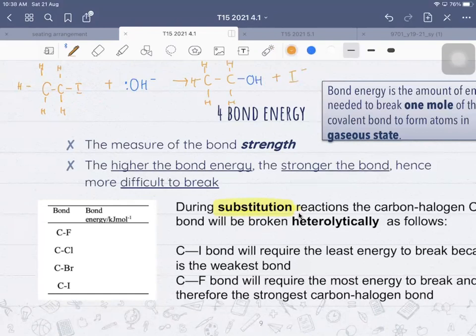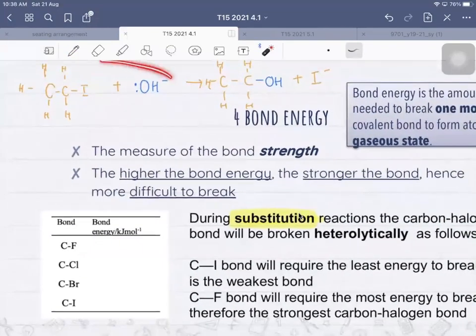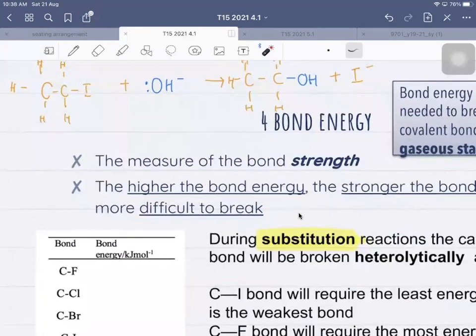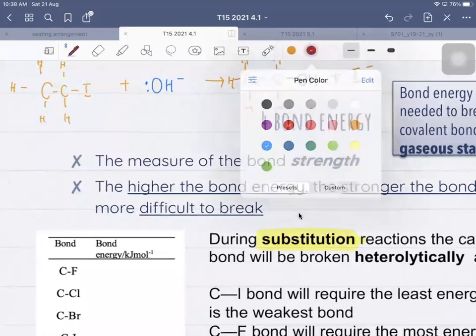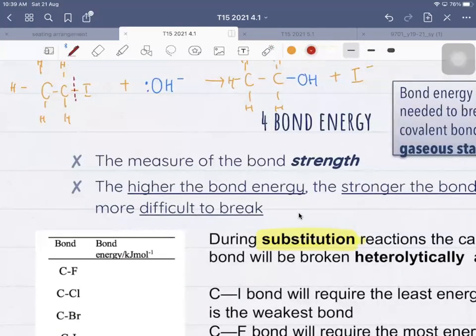What I want to focus on is that in order for hydroxide to kick iodine out, this carbon-iodine bond needs to be broken first and foremost. How fast or how reactive this reaction is depends on the easiness of breaking the carbon-halogen bond. In this case it's the carbon-iodine bond, but this applies to other halogens as well.